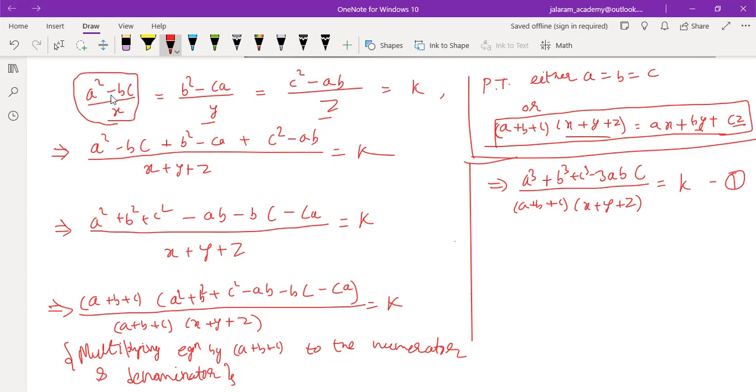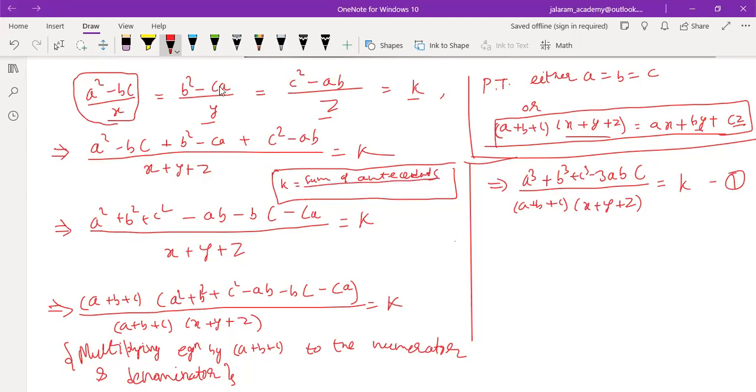So the first term becomes a cube minus abc upon ax equals b cube minus abc upon by equals c cube minus abc upon cz. And then if we again use sum of antecedents upon sum of consequences, whenever you use a formula, you must write it inside the reason bracket. K equals this; we have used it in this part also. Antecedents means the sum of all numerators if we compare it with a fraction.